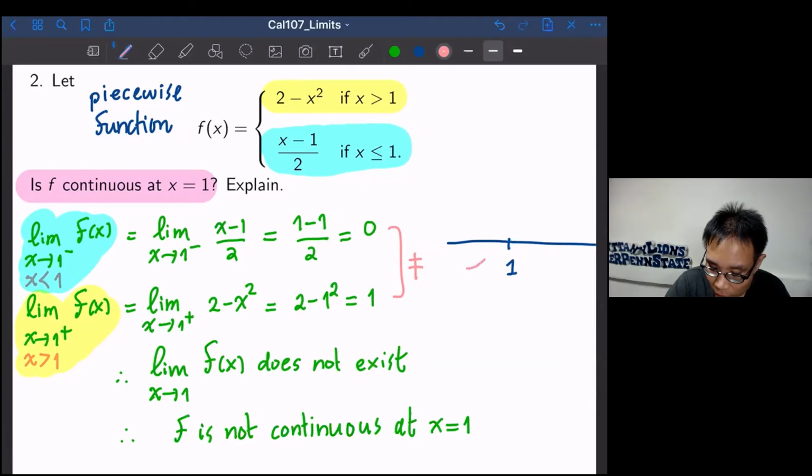I don't know exactly what the graph looks like, but I know the graph will be like this, with the y-axis here and this one as your x-axis.